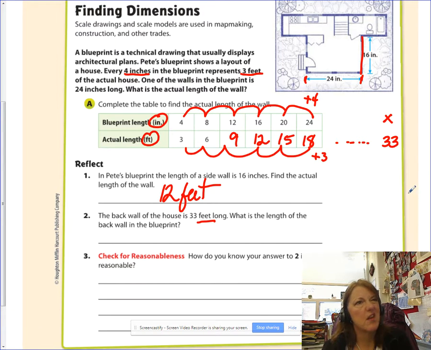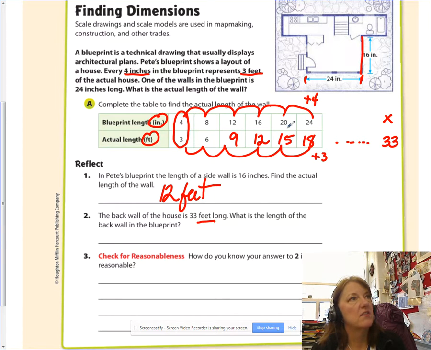Now, the nice part is this makes a nice little situation mathematically that we call a proportion, because I could take my initial scale here, 4 inches to 3 feet, and that equals, I don't know how many inches, but I get 33 feet.